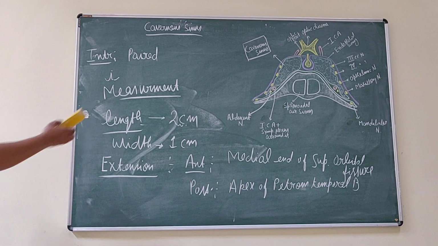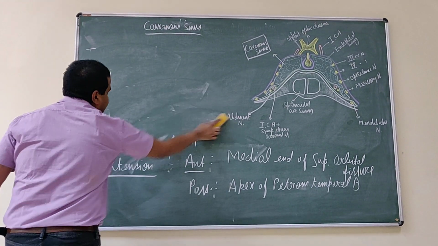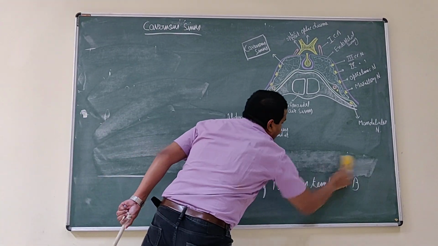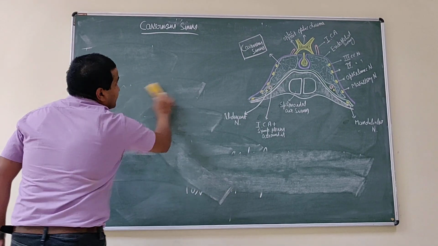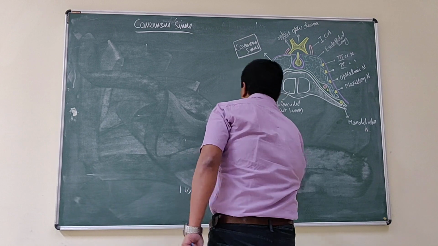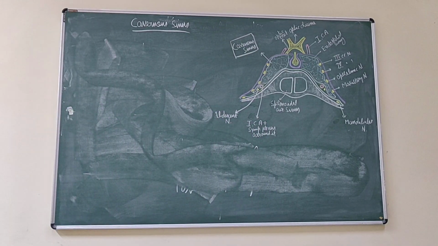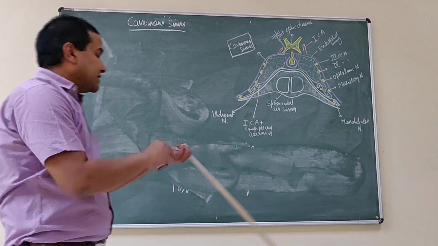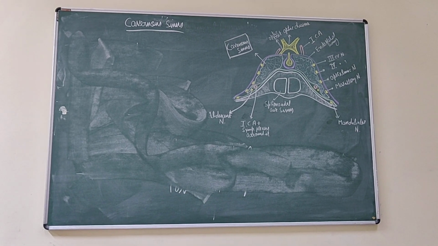Now the important relations of this cavernous sinus. As we discussed earlier, the cavernous sinus is present in the middle cranial fossa on both sides of the sella turcica, or the body of the sphenoid bone.